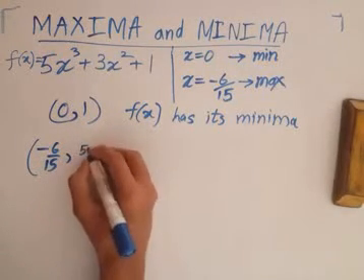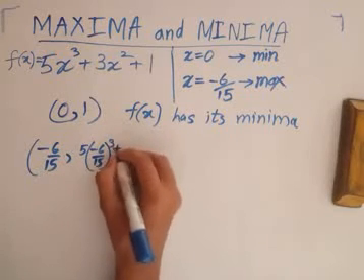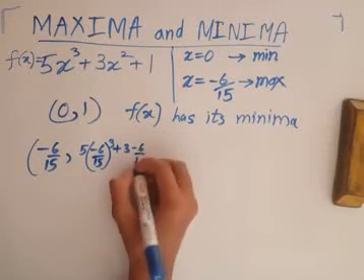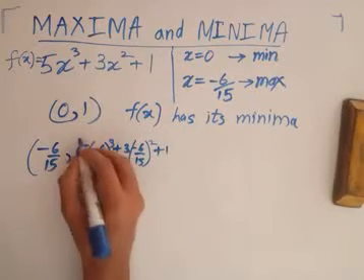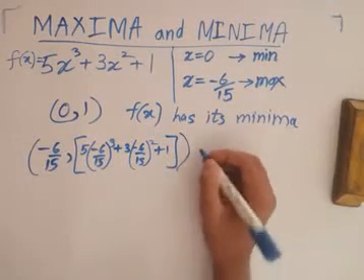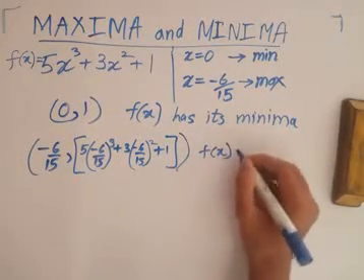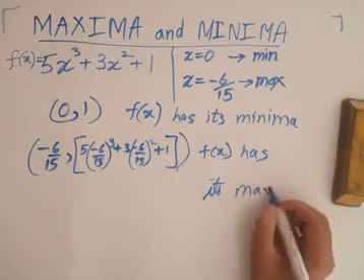So I'll just write down the entire expression for now. Maybe you can simplify it later. So this entire thing is the y value. F of x has its maxima.